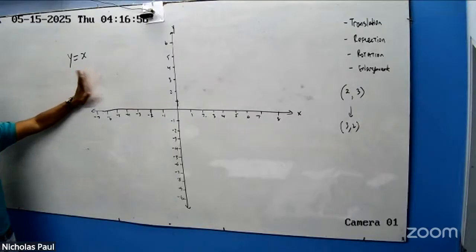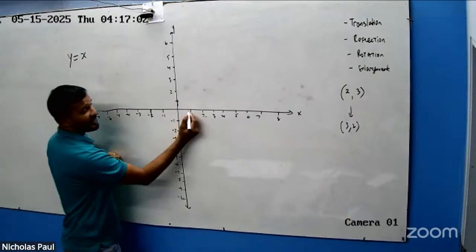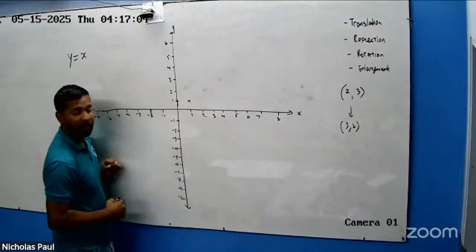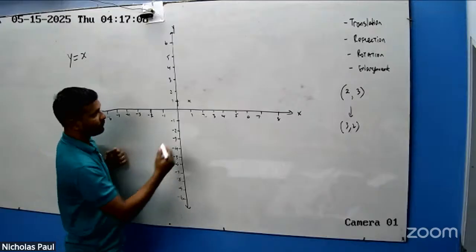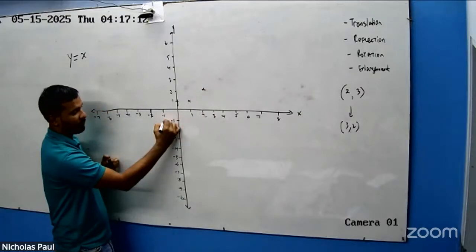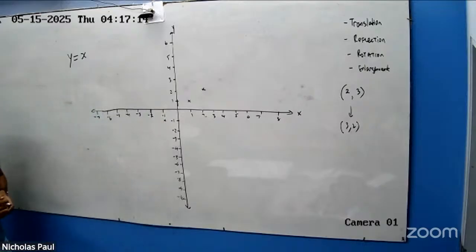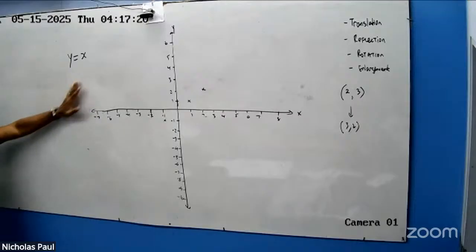So let's say x is 1. What do you expect y to be? 1. So if x is 1, y is 1. If x is 2, y is what? If x is minus 1, y is what? So what it's saying is that every single point, the x and the y value are the same. So how will it look?